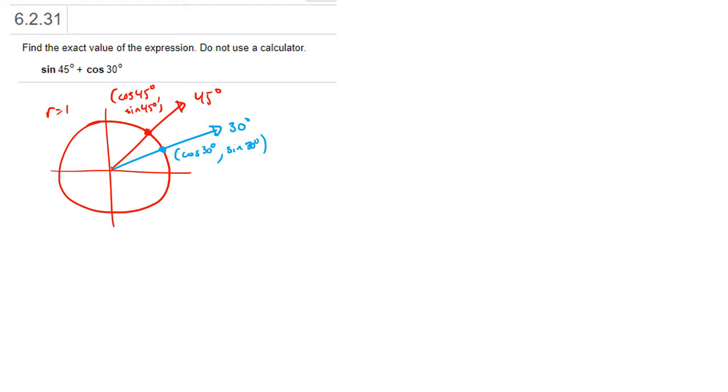So I need to determine exactly the value of the y-coordinate of this point and also the x-coordinate of this point. Now 30 and 45 degrees are angles that we can actually work with. I'm going to draw this red triangle just bigger on the right-hand side.